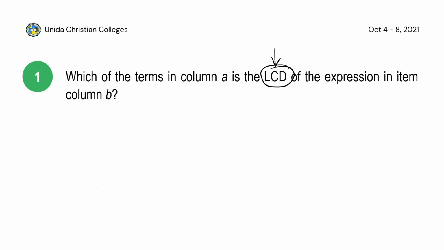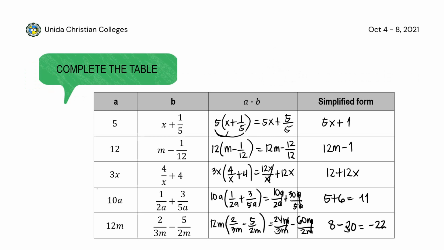Let's see what the LCD of column B to column A is. Here we notice the (x plus 1)/5. Remember, the denominator of the other is 1. So the LCD is simply to get the multiples of our denominators, 1 and 5.